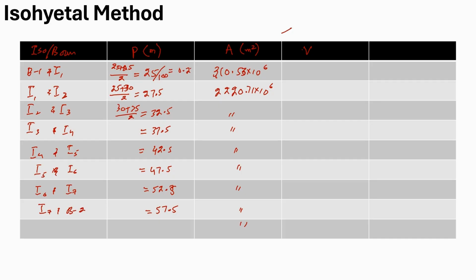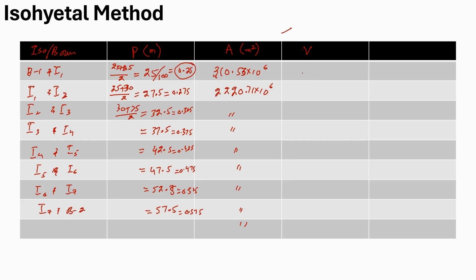This will be 0.25, this will be 0.275, this will be 0.325, 0.375, 0.425, 0.475, 0.525, and 0.575.